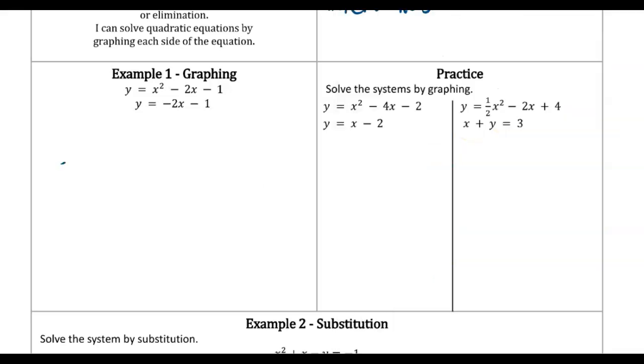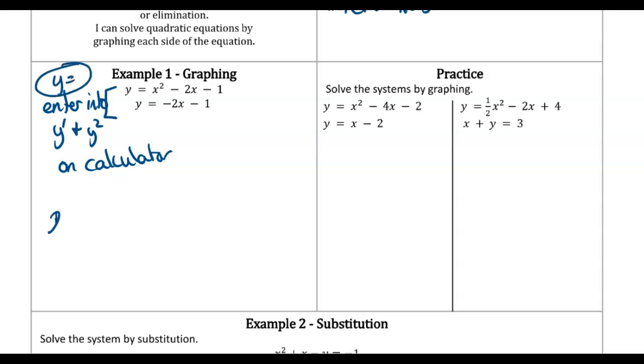Let's jot down real quick that what we do is we enter into y1 and y2 on your calculator. That's under y equals. Then we do second, and the trace button.